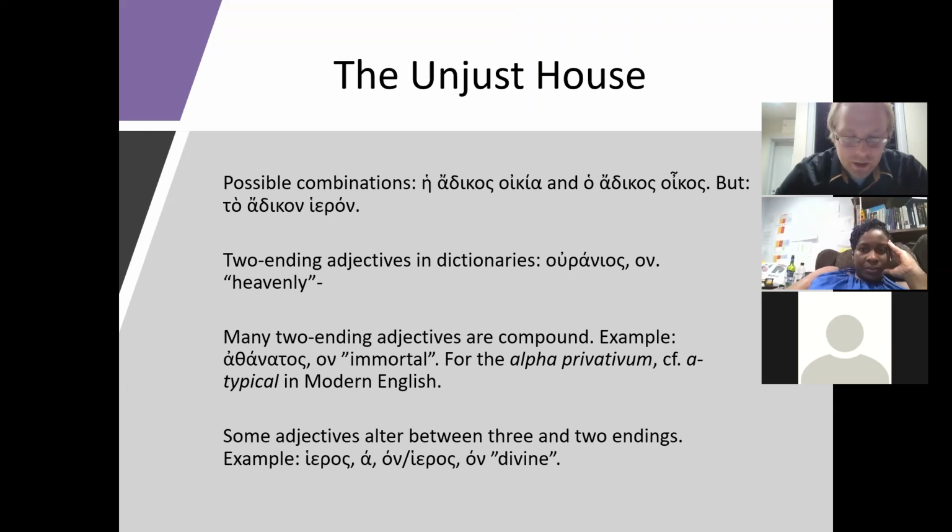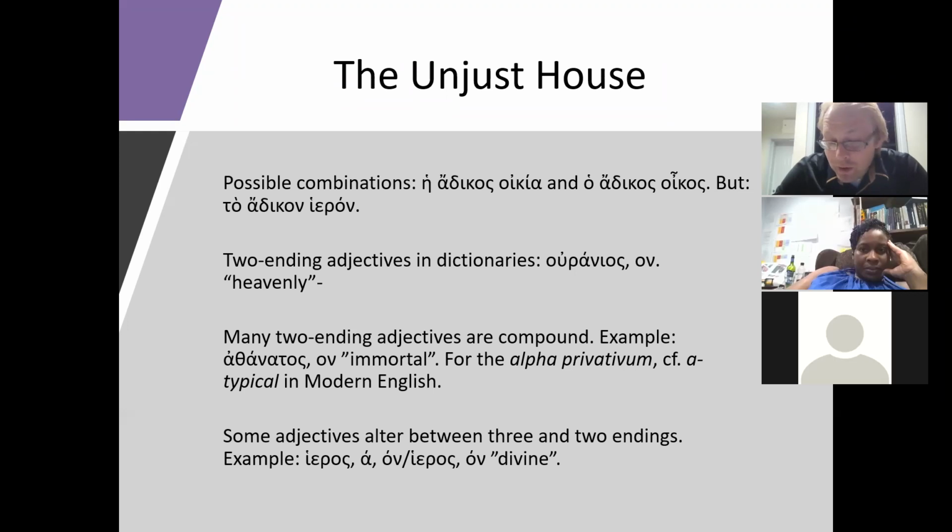Like, for instance, adikos, adikon, or athanatos, athanaton, which means immortal. In both of these compound adjectives, the first part consists of a so-called alpha privativum, expressing negation or absence. The alpha privativum survives in modern English as well, for instance, in the word atypical.